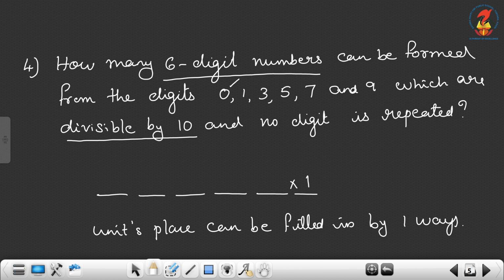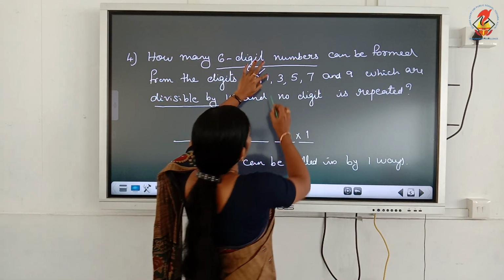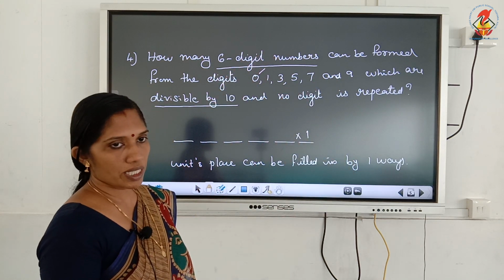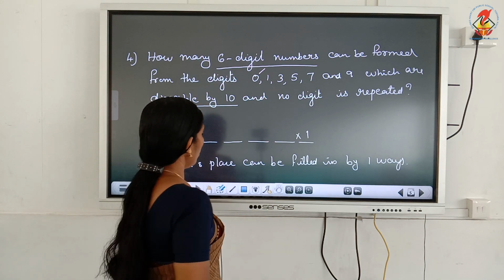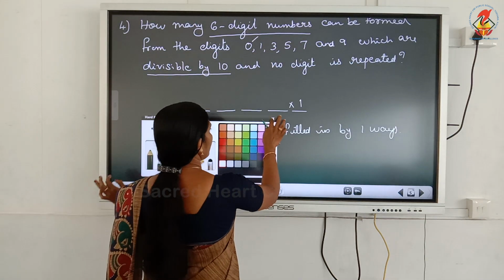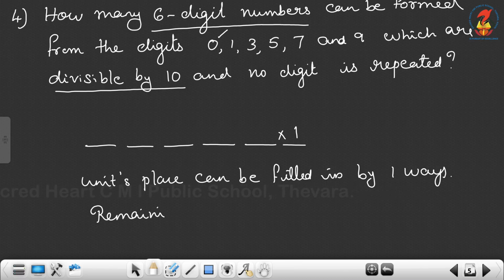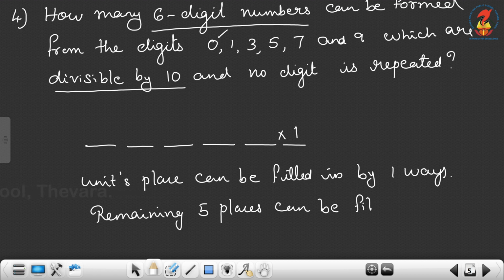Then remaining 1, 2, 3, 4, 5 places and how many digits? 1, 2, 3, 4, 5. 5 objects. And we have to use the 5 objects at the same time. Okay. The remaining 5 places can be filled in by 5 objects. We have to use n objects r at a time. 5p5 ways.